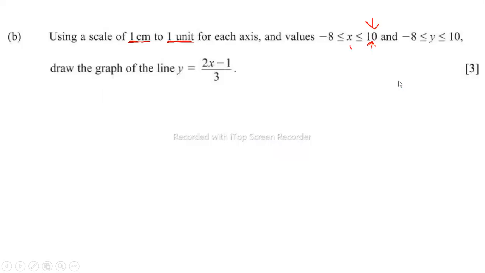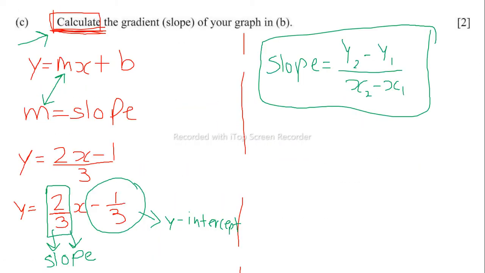Now they're asking us, seeing that you have already drawn the graph, can we calculate the gradient or the slope of the graph? I told you all yesterday that there are different ways we could do this. We could use the equation of the line, y = mx + b, where m is the slope.